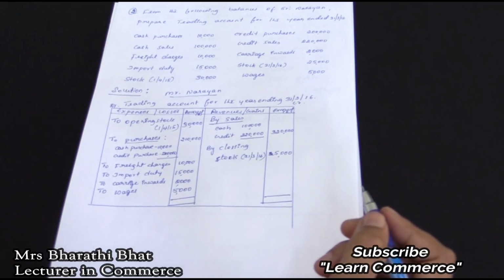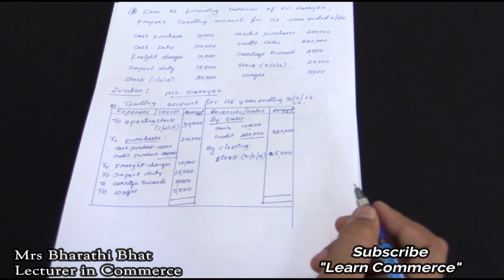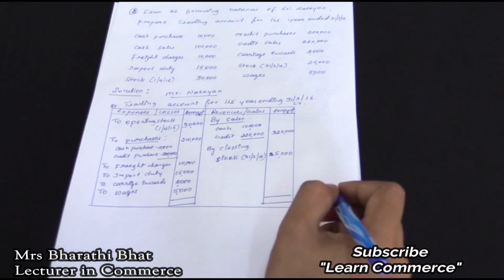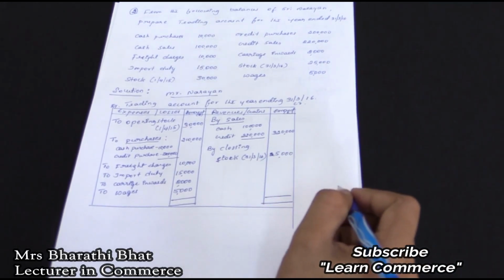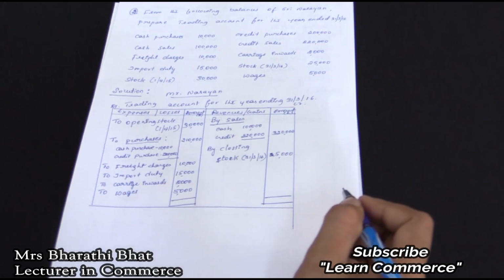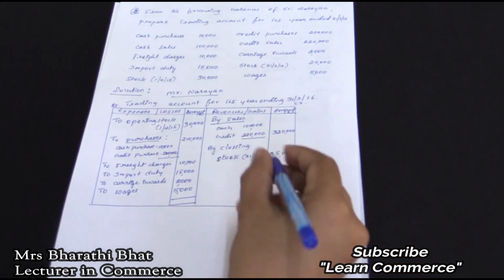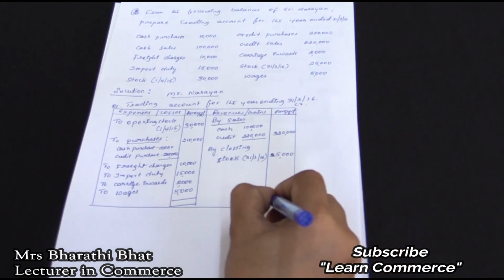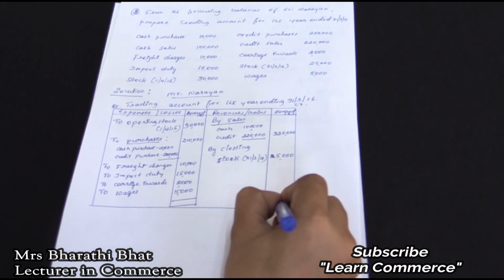Whichever side shows the greater value, that should be recorded on both sides. So here also your credit shows greater value, it means revenue is greater than expenses. So 3,20,000 plus 25,000, 3,45,000.